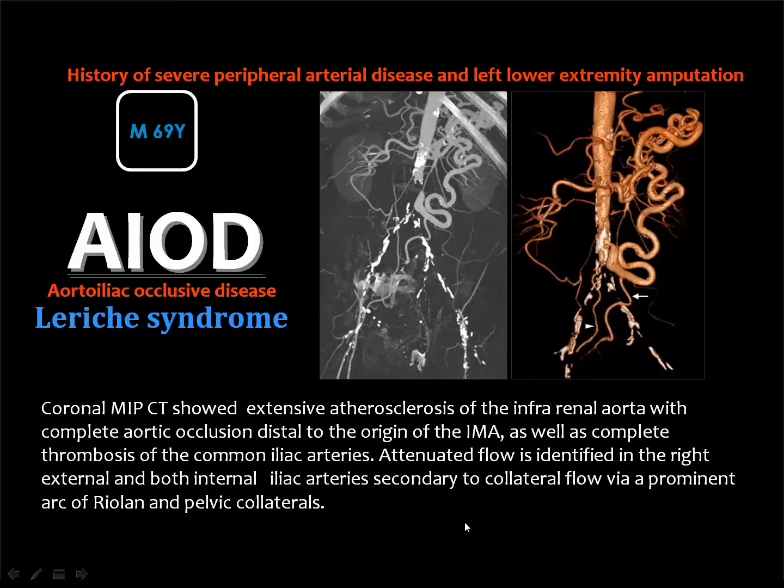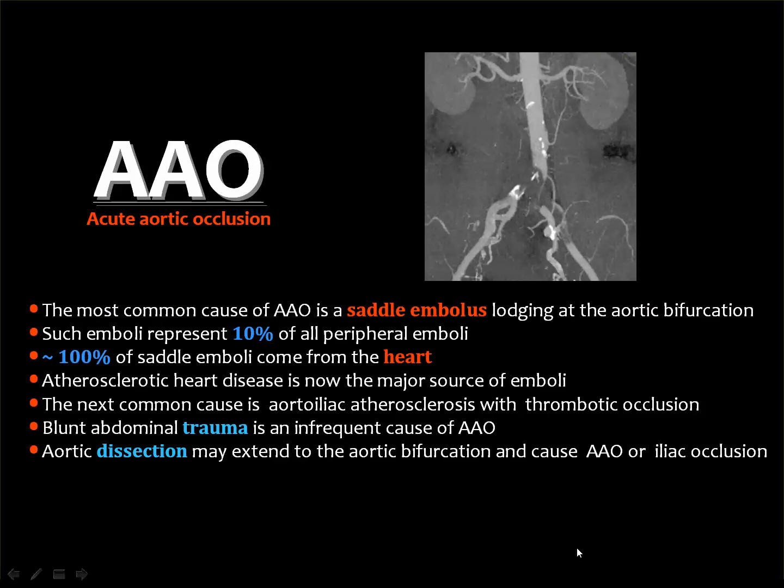And all that is needed in reporting of such cases, you report the level of obstruction and the level of the distal re-establishment of the flow, together with reporting the collateral circulation as well. There is something which is known as the saddle embolus, and it simulates in the clinical picture and also in the radiology the Leriche syndrome.